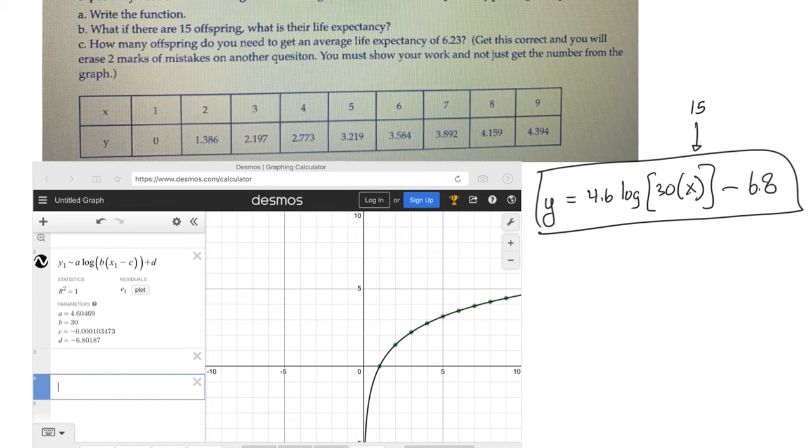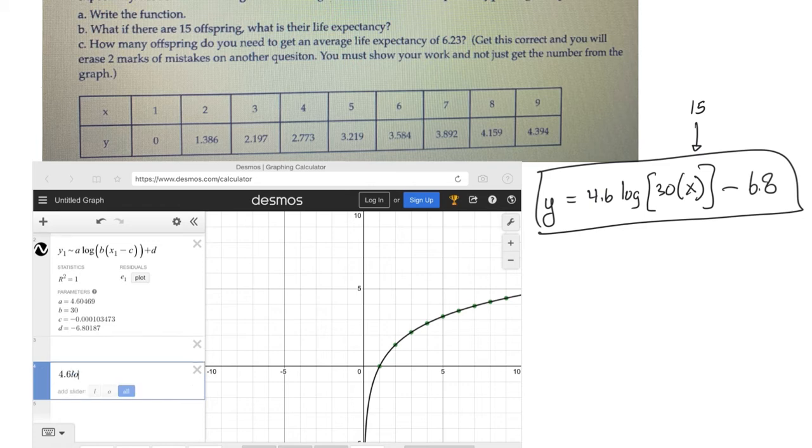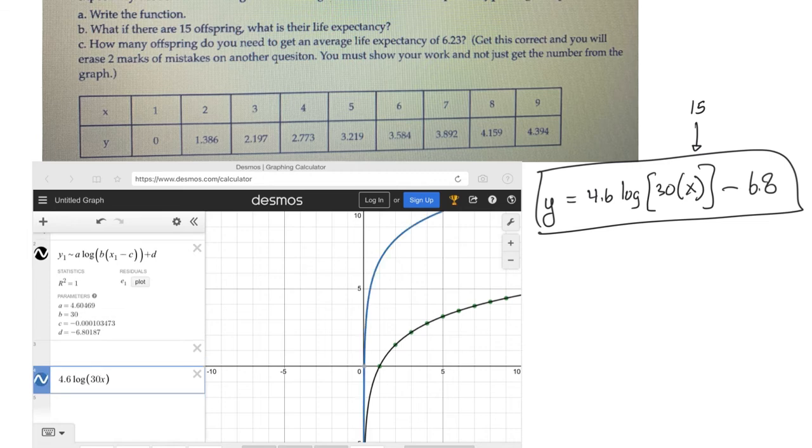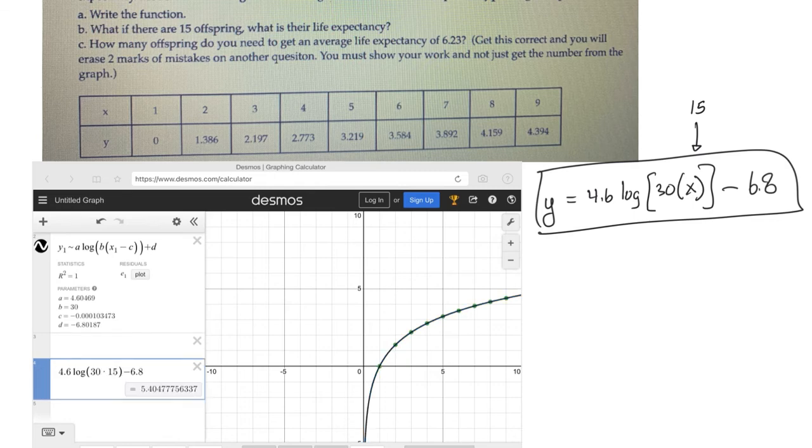It would be 4.6 log bracket 30x minus 6.8. Oh, but I wanted to put a 15 in for x. Times 15. There we go. 5.4.